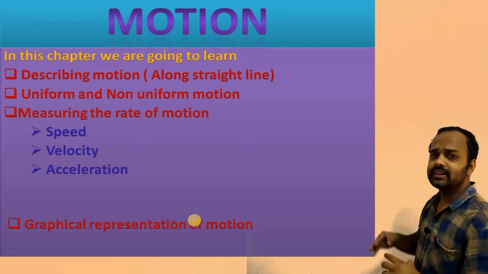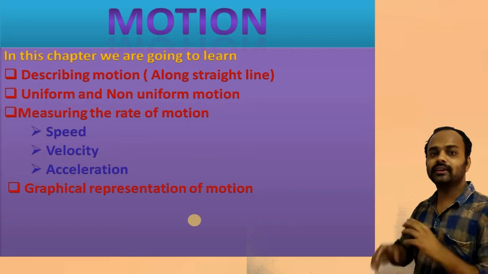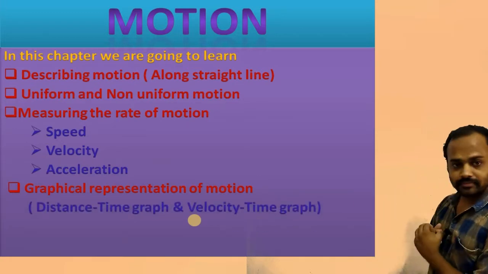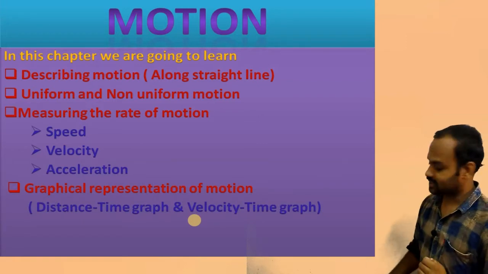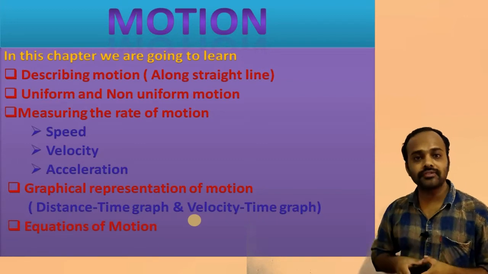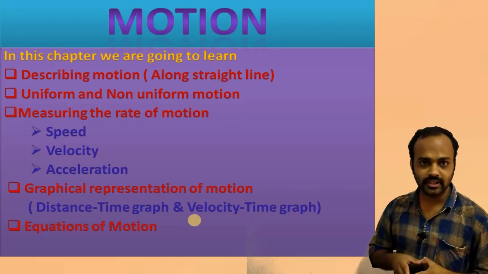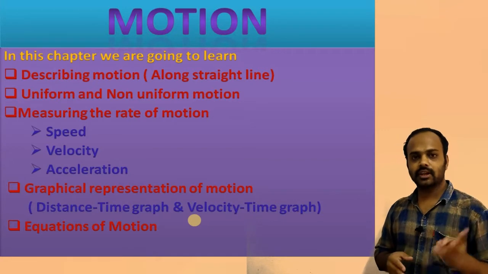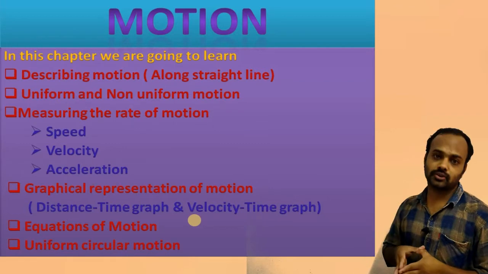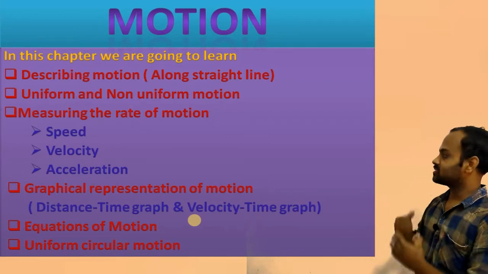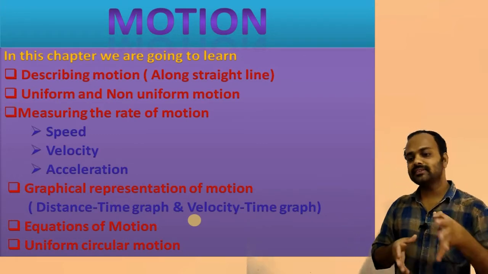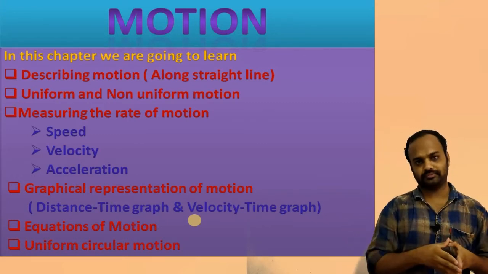Next is graphical representation of motion, where we will discuss the distance-time graph and the velocity-time graph. Next we will discuss the equations of motion. 3 equations we will discuss, we will see them later. And we will discuss uniform circular motion. Okay, first we will go to the first concept, describing motion.